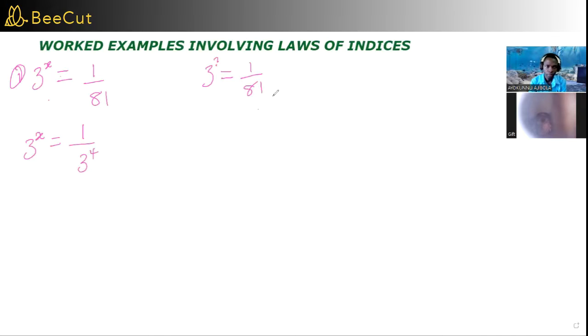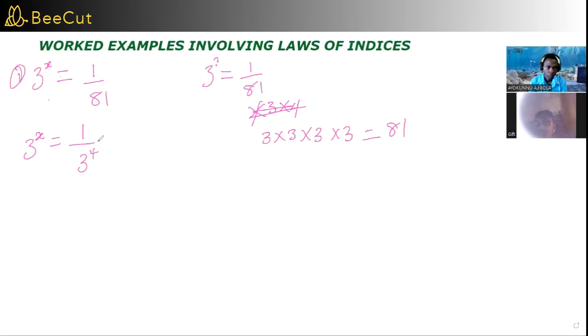Remember that 3 raised to power 4 is not 3 times 4. No, it's not. But 3 raised to power 4 means 3 in 4 places, which is 3 times 3 times 3 times 3. And if you multiply all this together, you get 81.